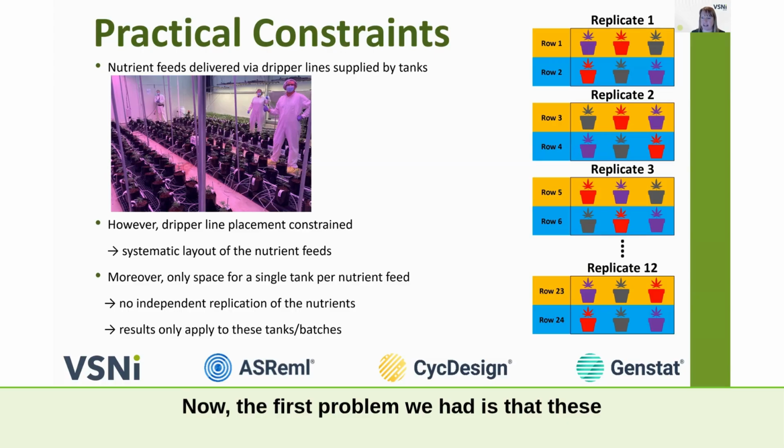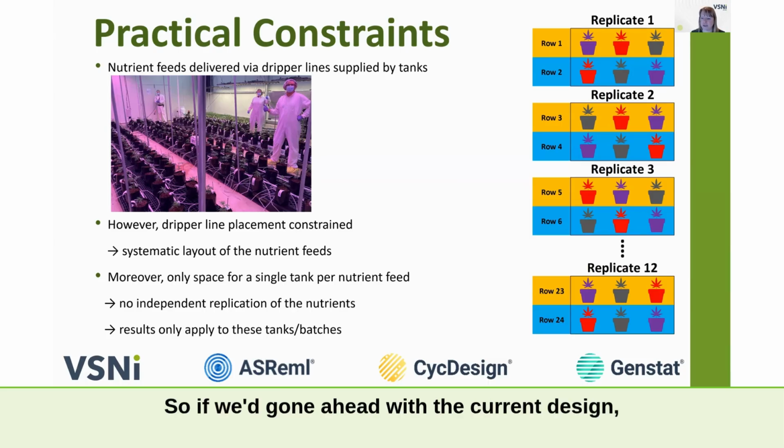Now, the first problem we had is that these drippers couldn't just be put anywhere. Their placement had to follow some type of practical systematic arrangement, as shown in the diagram on the slide, where the nutrient feeds alternated between the rows. The second problem we had was that there was only space for 2 tanks, 1 per nutrient feed.